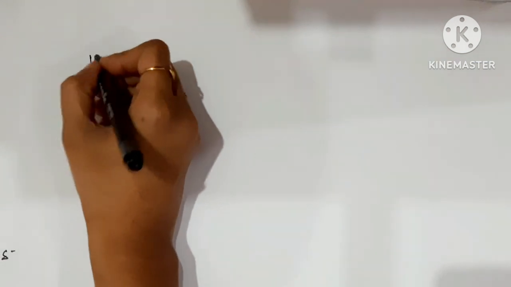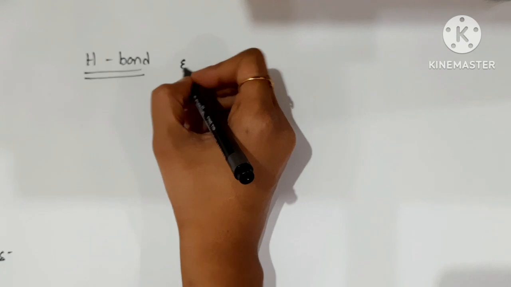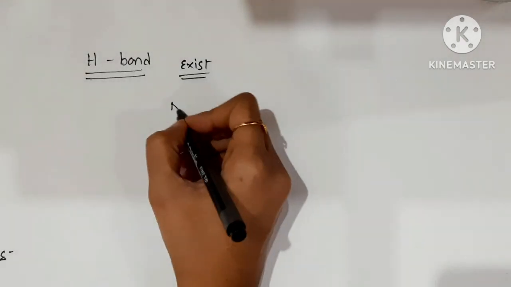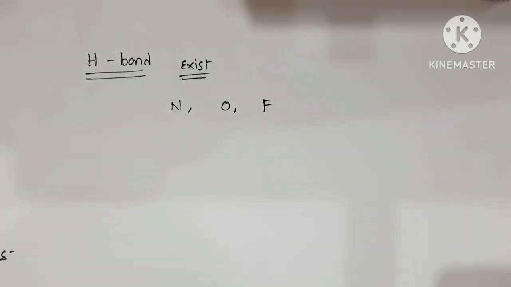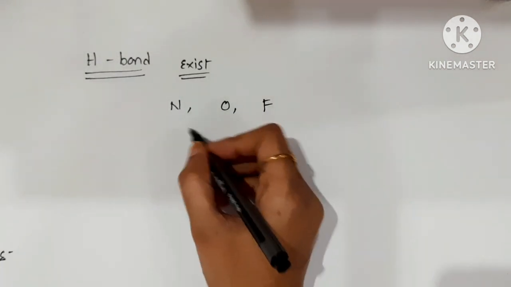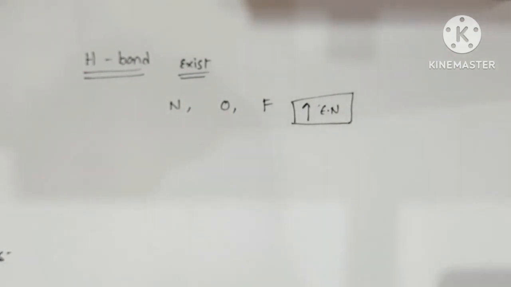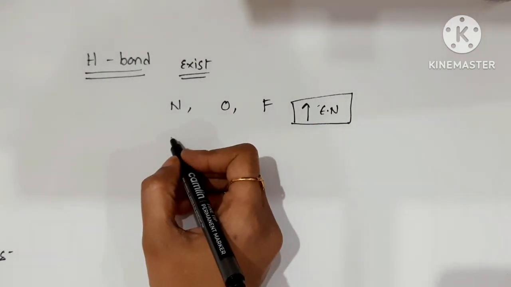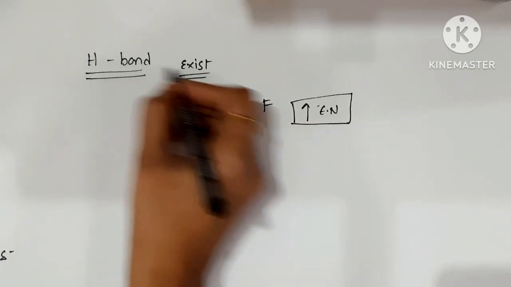So where does hydrogen bond exist? Nitrogen, oxygen, fluorine. All these are high electronegativity atoms, right? So in a molecule containing these atoms, hydrogen bonding exists.